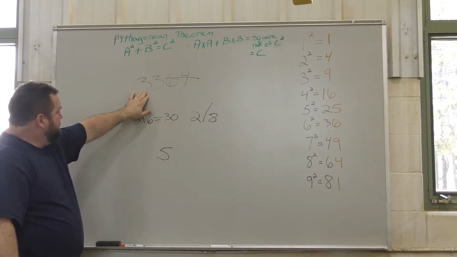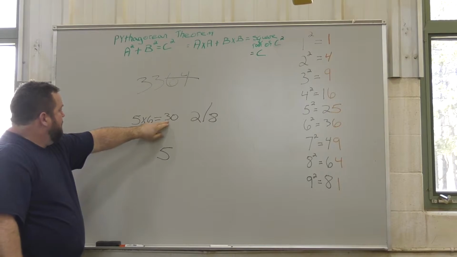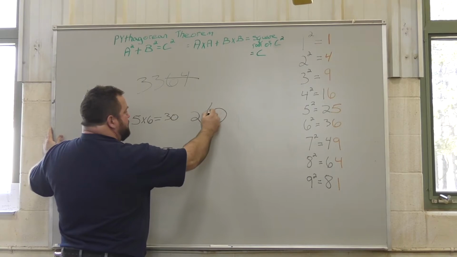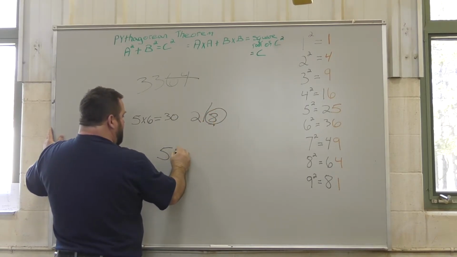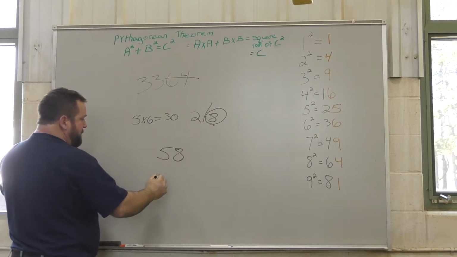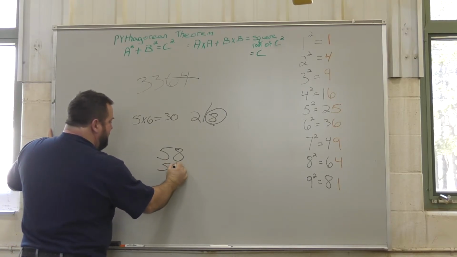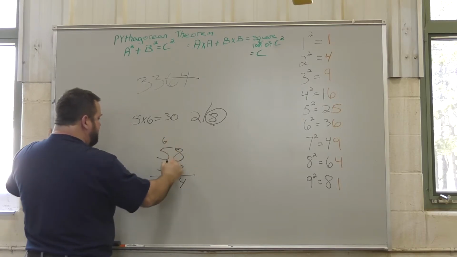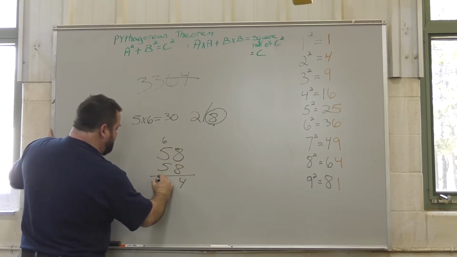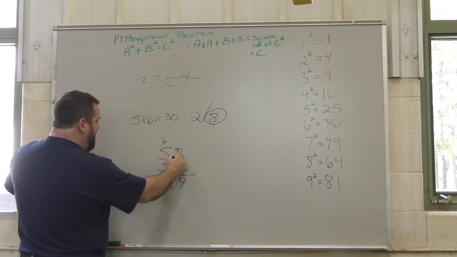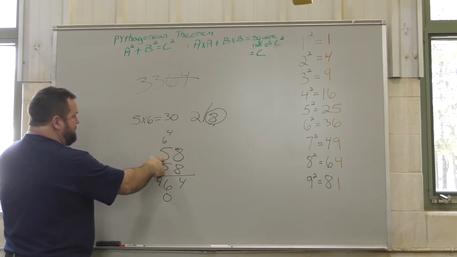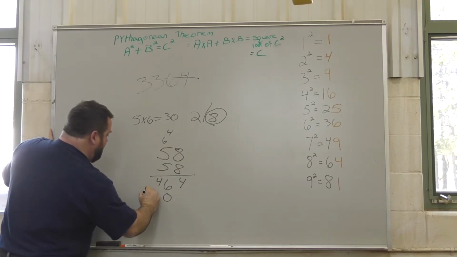Look at these numbers. Is this number smaller or greater than? 33 is greater than 30, so that means we will use the larger number over here. So our answer is 58. Check our answer. 58. 8 times 8 is 64. 5 times 8 is 40, plus 6 is 46. 5 times 8 is 40, carry the 4. 5 times 5 is 25, plus 4 is 29.